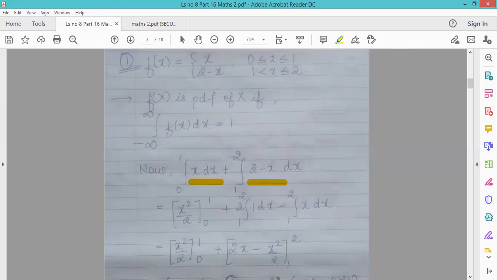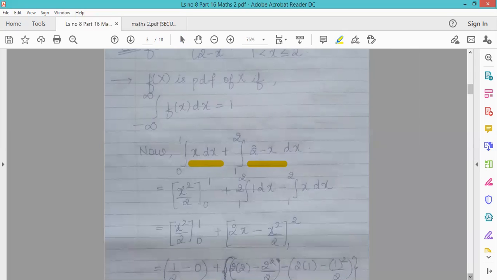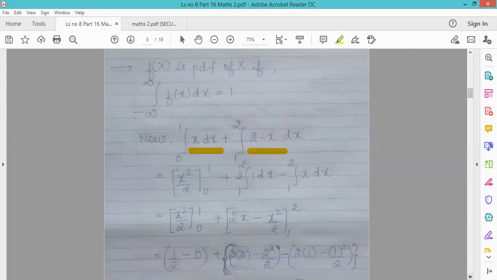Now I will integrate the two remaining functions together because the first one we have already finished. So x square upon 2, 0 to 1, plus 2 into integration of 1 is x, minus integration of x is again x square upon 2. So the limits get transferred to the right side and it becomes 1 to 2.